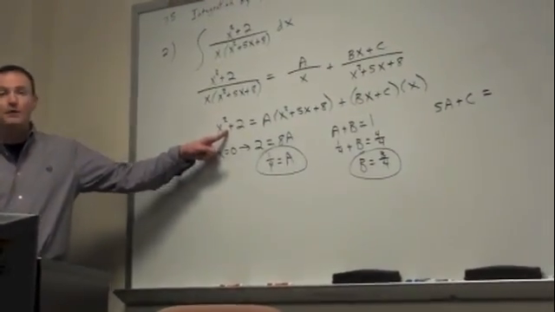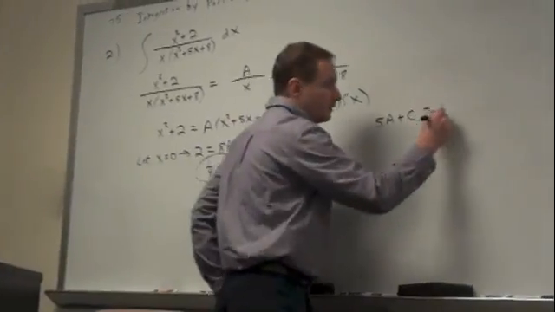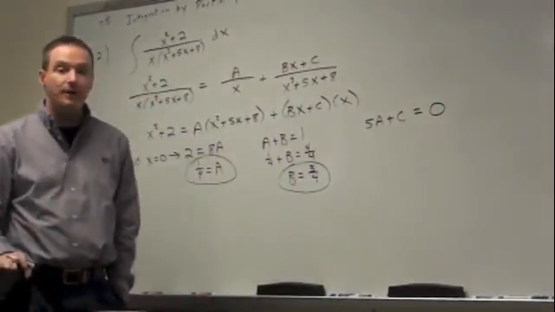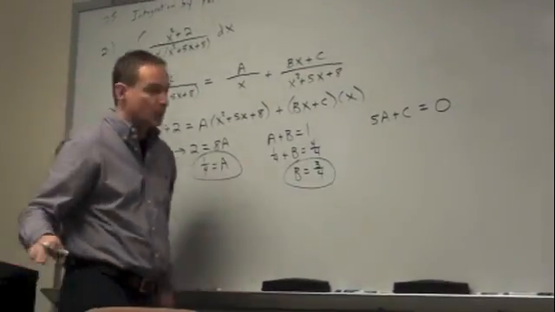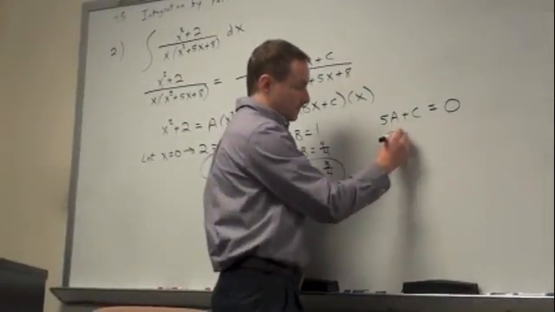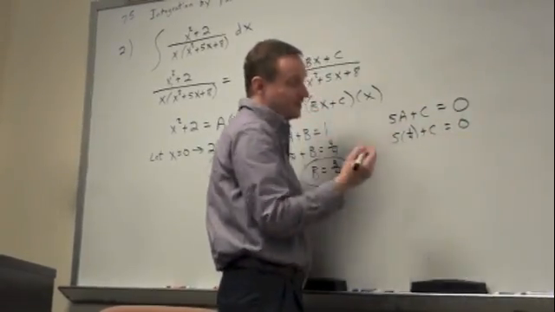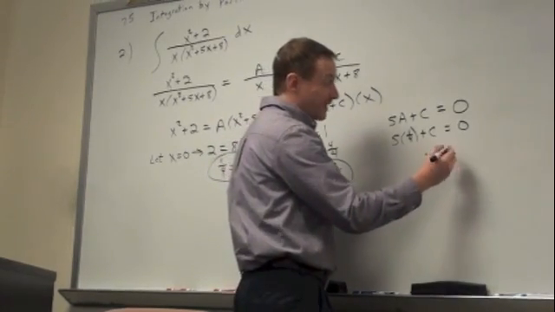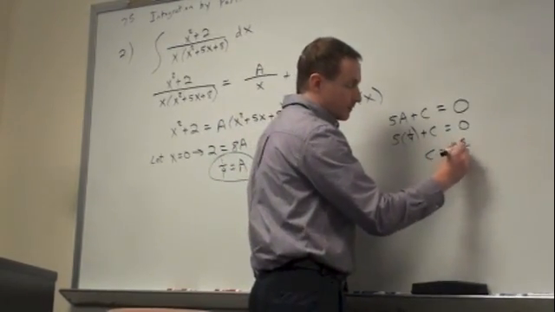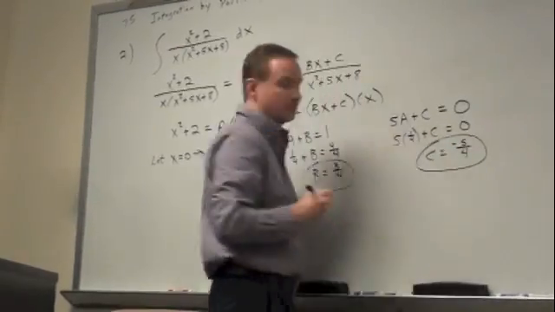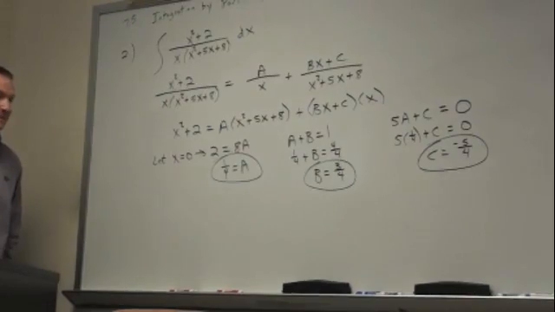There is no x, so 0. So 5A plus C is 0. 5 times 1/4 plus C is 0. It's going to give me C is equal to negative 5/4. A, B, and C defined.